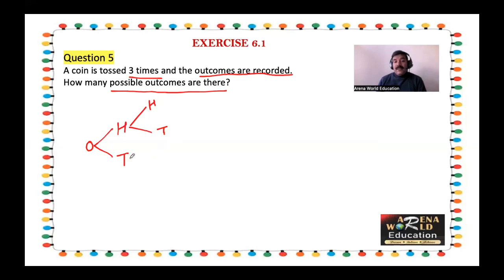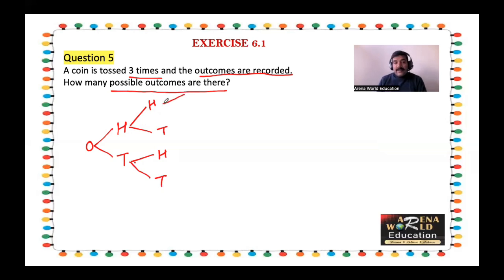If you have got tail in the first toss, then in the second one it can be head, so tail, head, or tail, tail. So if you toss a coin once, there will be 1 plus 1, 2 outcomes. If you toss a coin two times, there will be one, two, three, four outcomes.